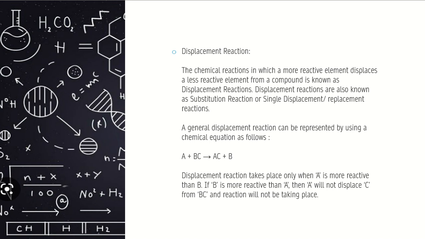A general displacement reaction can be represented as A plus BC equals AC plus B. Basically here A replaces B as A is more reactive than B. So A forms a compound with C and gives the result B. Displacement reaction takes place only when A is more reactive than B. If B is more reactive than A, then A will not displace B from BC and the reaction will not take place. Okay, understood.